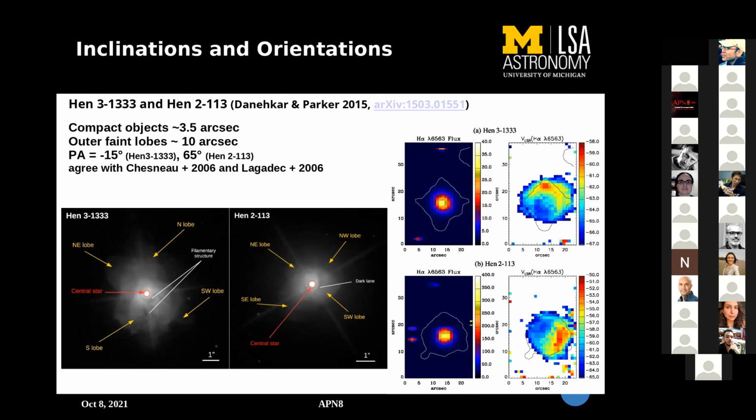These two objects are around very young Wolf-Rayet stars, and previously they were studied using high-resolution imaging from the Hubble Space Telescope. There is good agreement between the orientation we see in WiFeS and what we see in the Hubble Space Telescope.